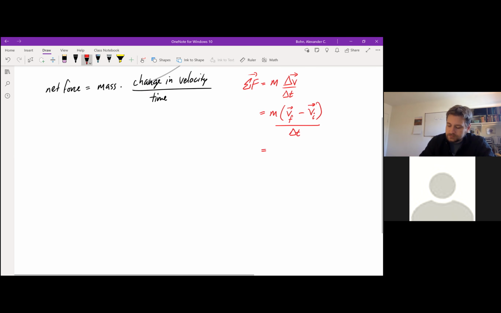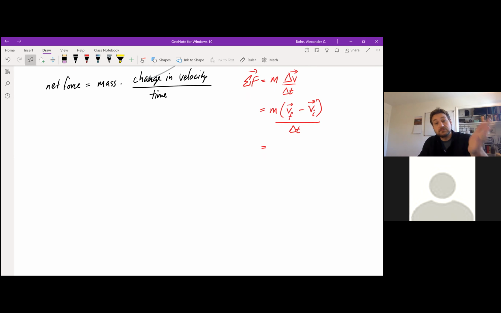There's no reason that we can't distribute the mass through the parentheses.